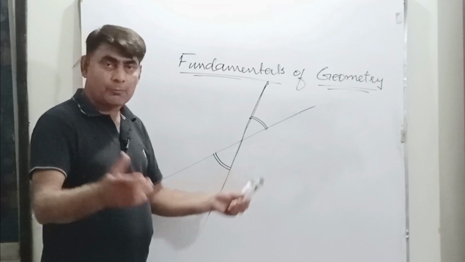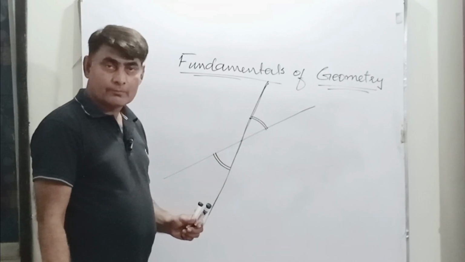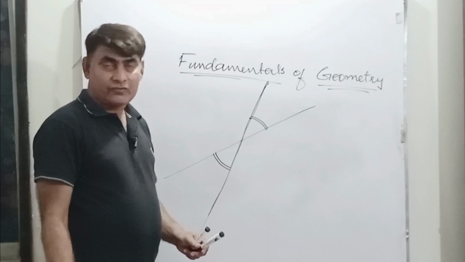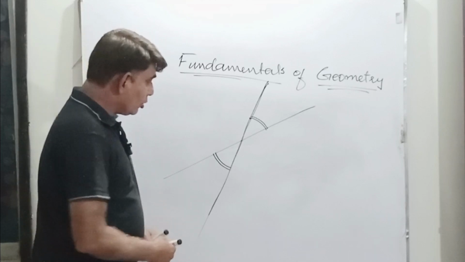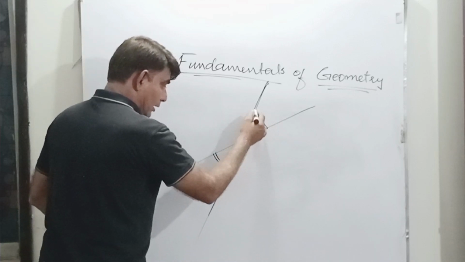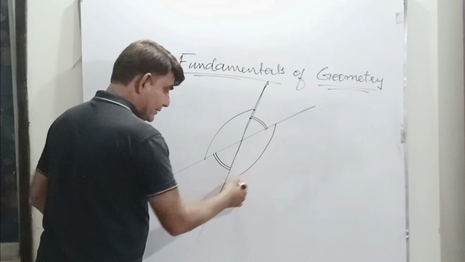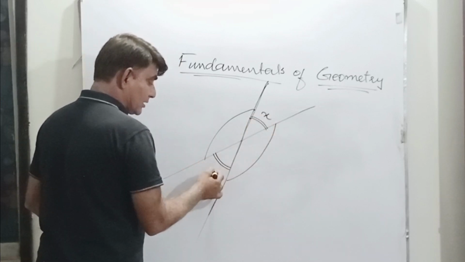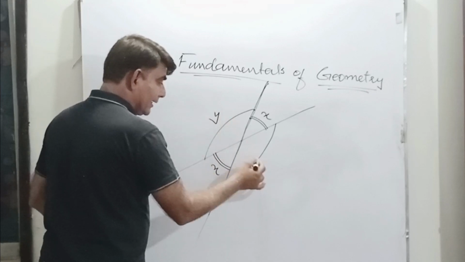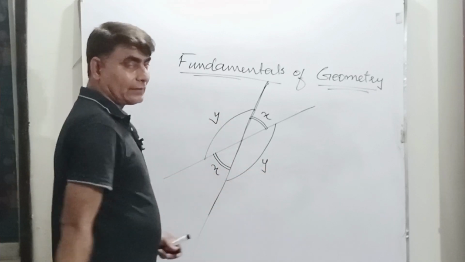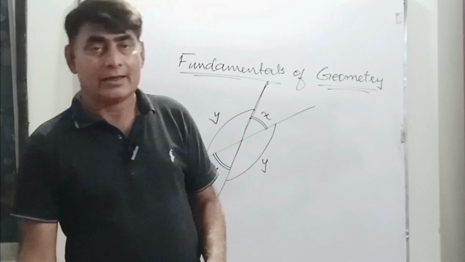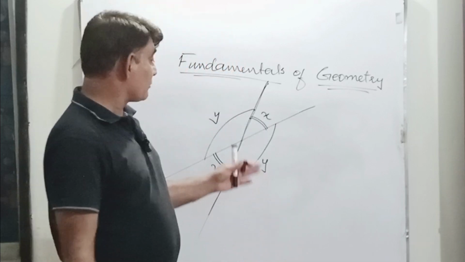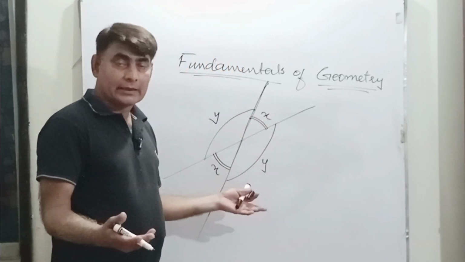When two lines which are not parallel intersect each other, they form two pairs of vertical opposite angles. The other one is like this. If I consider over here x, this one also x, y, this one also y. And we know a straight line angle must be equal to 180 degrees. So the sum of these two would be equal to 180 degrees.